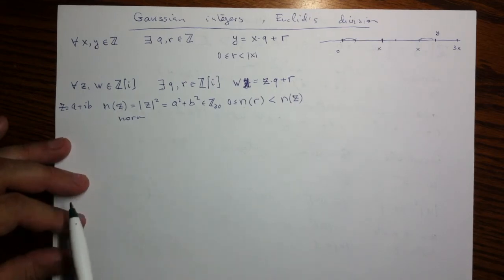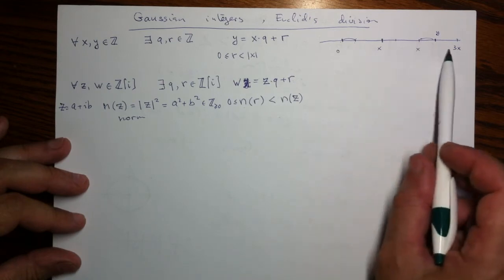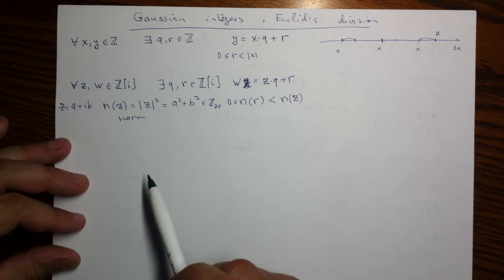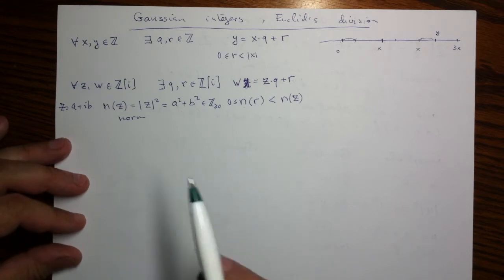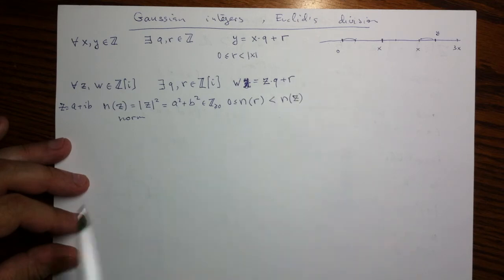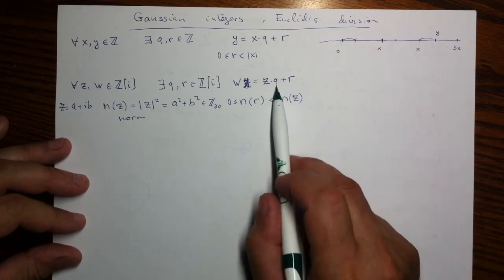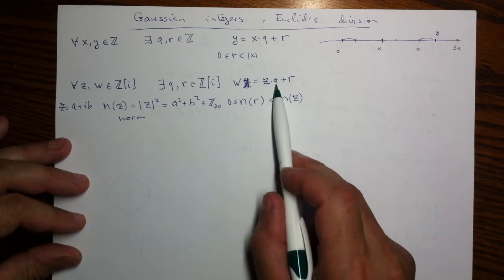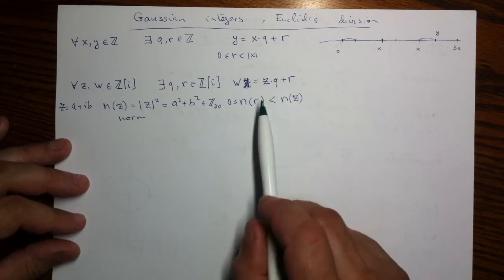So let's argue this. Let's first argue it in a similar fashion to what one can do with integers, by translation, moving any Gaussian integer to a fixed region of possible remainders. Let's look at what we can do with translations by copies of z, but copies are now counted not by an integer q but by a Gaussian integer.